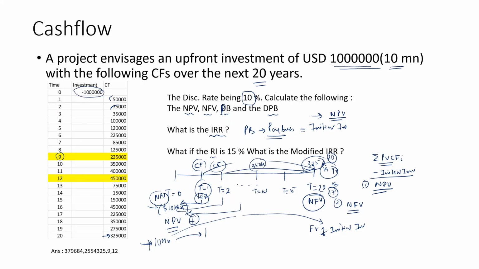But since these are all in the future, some practitioners say, well, we are also interested in something called the discounted payback period, because these values we are getting in the future, so we need to discount them to the present value and then add them up and see which is the particular year where all the discounted cash flows, when we add them up, add up to the initial investment. So that is called the DPB. So these are two variations of it.